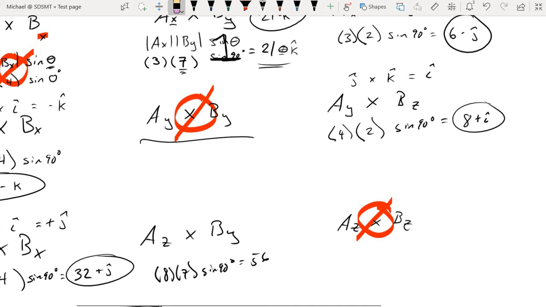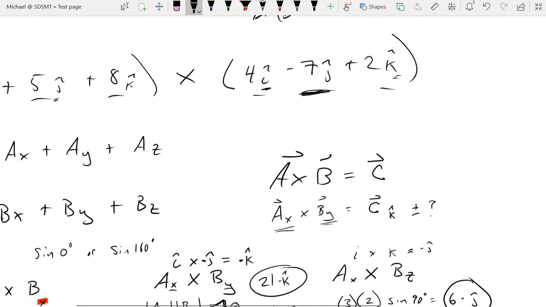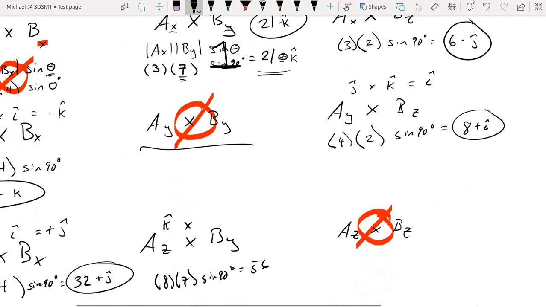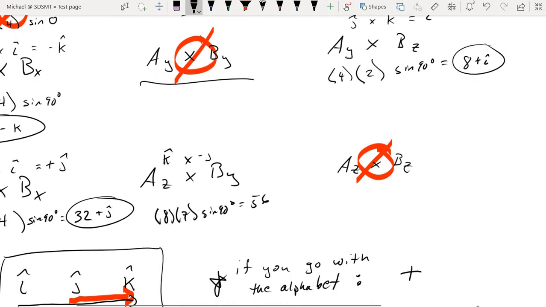And we have K hat crossed with B of Y. B of Y was a negative, so we have a negative J hat. Now, K hat cross J hat, that goes against the alphabet, so technically that's a negative I, but we have the negative attached to the J hat, so it becomes a positive I.